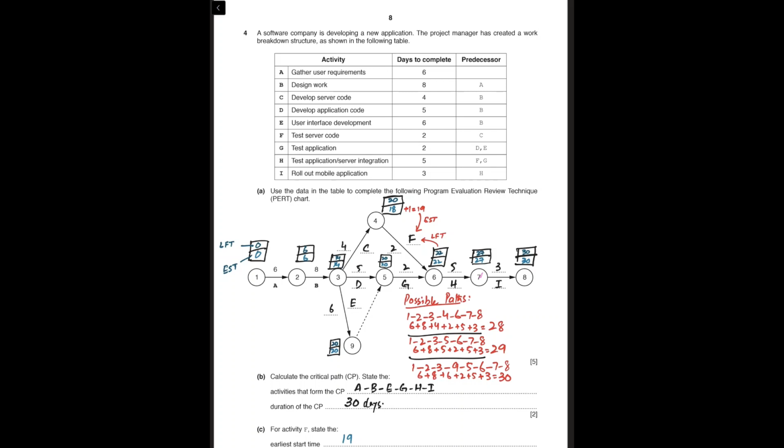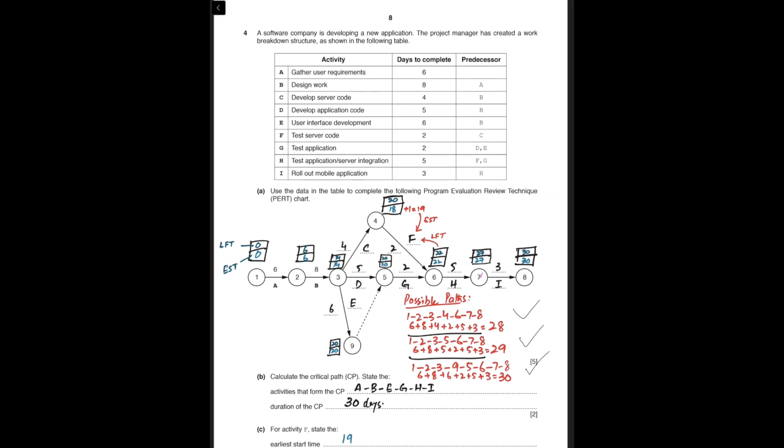Now what you have to do is either of two things. One is that you find all possible paths from the first node to the last, or just calculate it in your mind, so that you find the route from the first node to the last which has the longest duration.